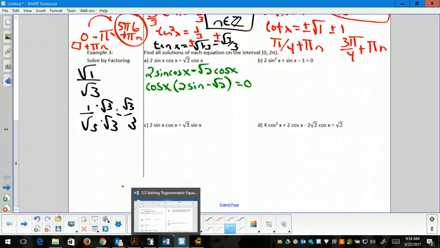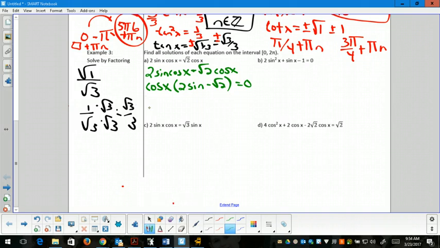I actually don't need my trig identity here. We will on some of the other ones. Because now I have, just like when I factored the quadratic, the product of 2 factors that are both equal to 0. Because of the zero product property, either cosine x equals 0 or this equals 0. That's going to give me more than one solution.